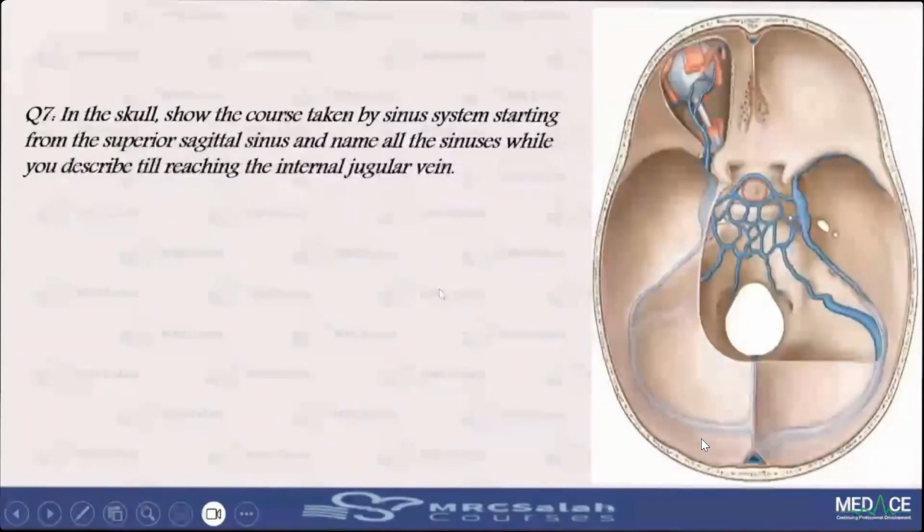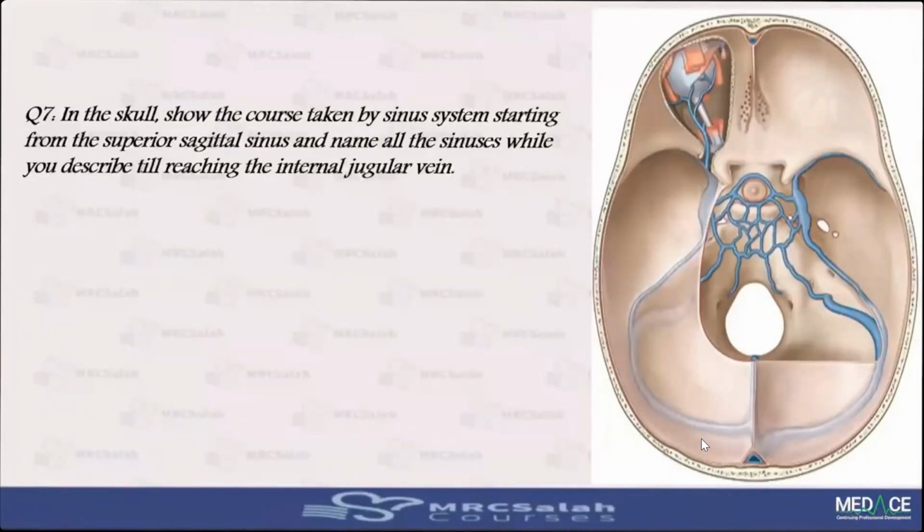Brilliant. Okay, would you demonstrate in the skull the course taken by the sinus system, starting from the superior sagittal sinus, naming all the sinuses until forming the internal jugular vein?